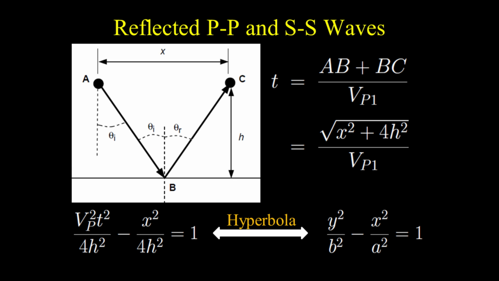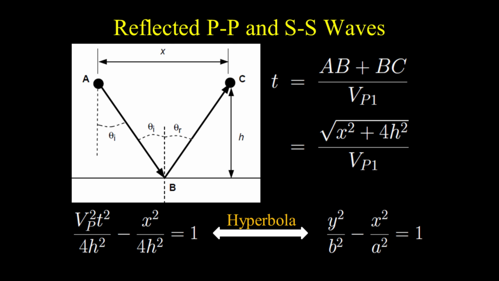The travel time derivation for a wave reflected from a single horizontal interface is straightforward. In this figure, we see that travel time from source to receiver is AB, source to reflector, plus BC, reflector to receiver, over velocity. The travel time equation in this case is not a straight line, but rather a hyperbola, as we can see here below the figure.